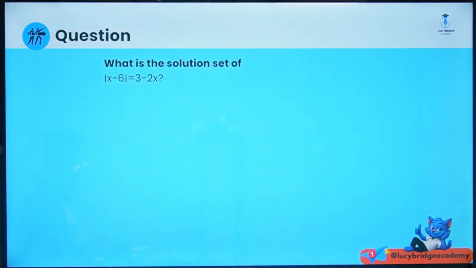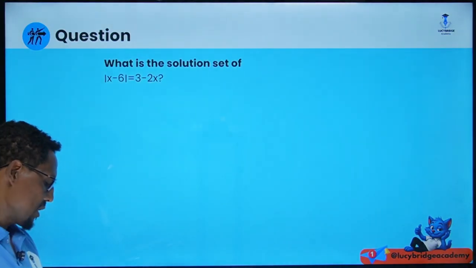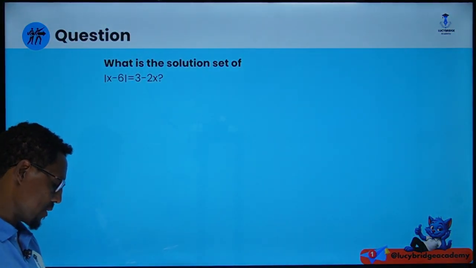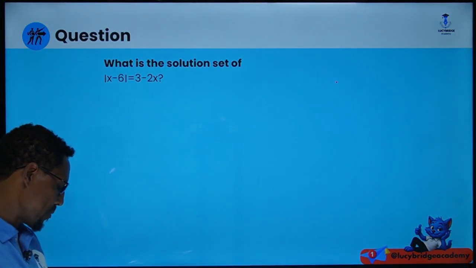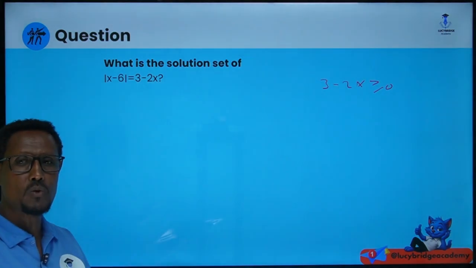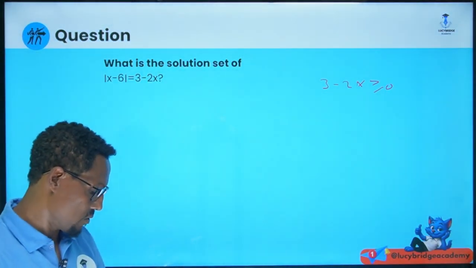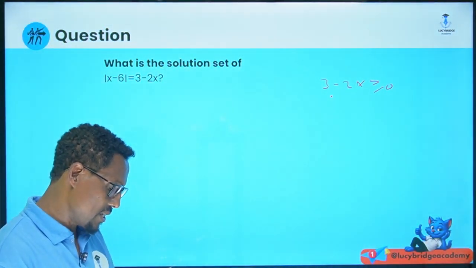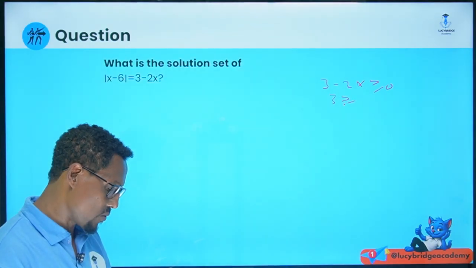Next, same question. What is the domain? The domain is 3 minus 2x must be greater than or equal to 0. Why? The absolute value of a number is always greater than or equal to 0. That means 3 is greater than or equal to 2x.